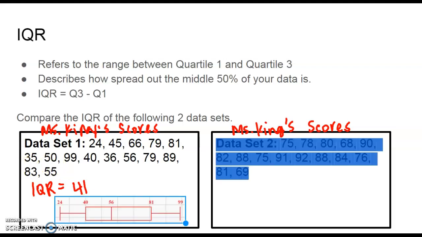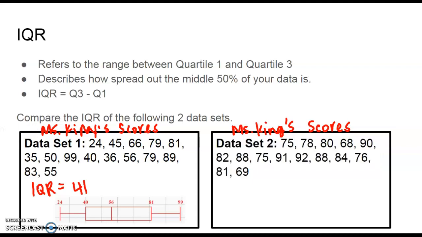I went ahead and put in a copy of that box plot. So again, we calculated the IQR by doing quartile 3, which was 81, minus quartile 1, which was 40.